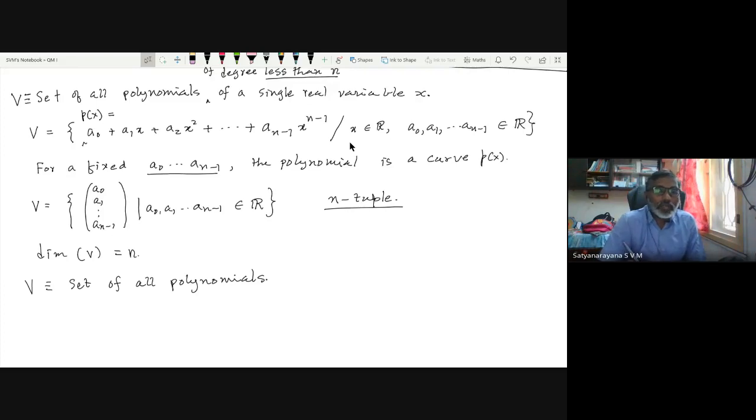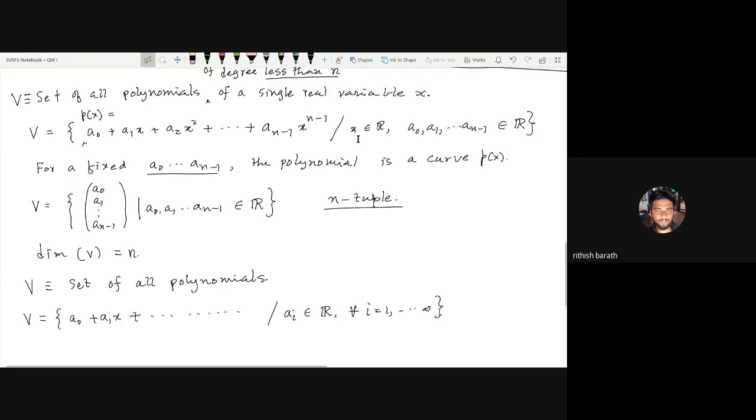That means what? You are going to define your V as a0 plus a1x plus, it goes on and on and on. There is no upper limit, such that the ai are all real numbers for i equal to 1 to infinity.